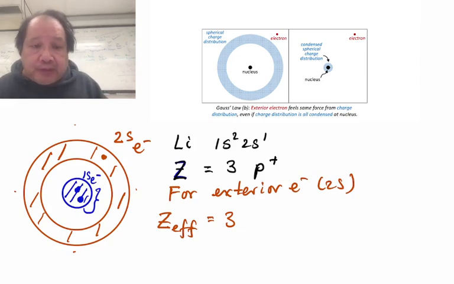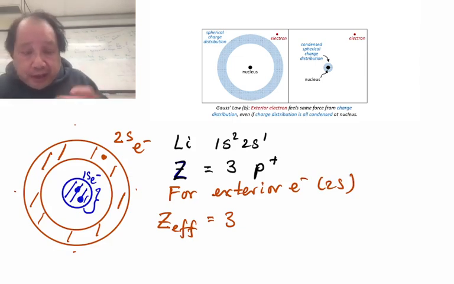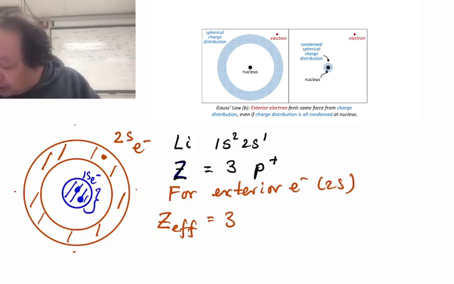So if we condense them at the center, we'll have the 3 protons and condensed at the center 2 electrons.